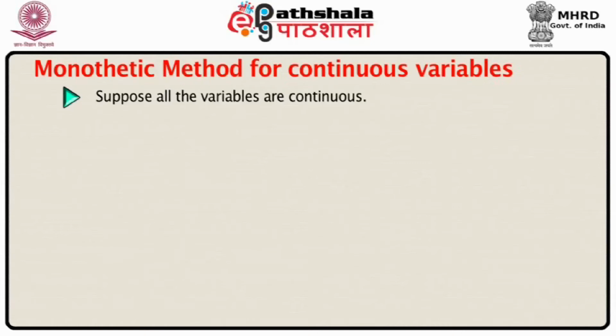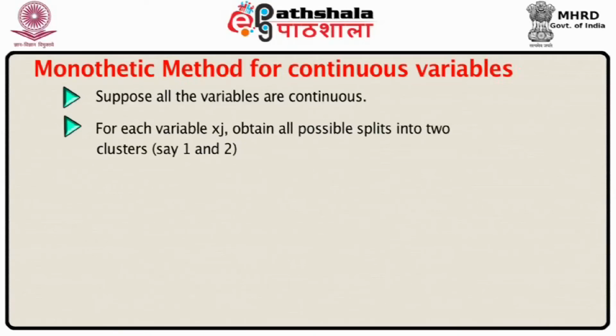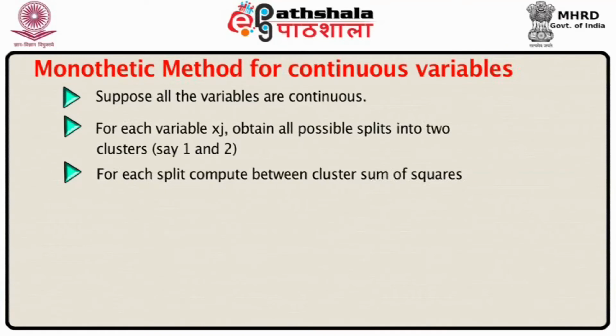For continuous variables, when we look at the monothetic methods, we first have a split of all possible xj's. So we look at each of the variables, obtain all possible splits into two clusters, say 1 and 2. For each split, we compute the between cluster sum of squares. Okay? How do you get the between cluster sum of squares?